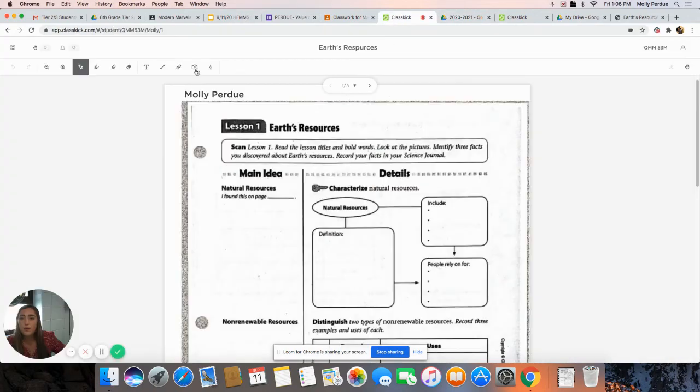What I would do is I would take my text box and go ahead and put a text box here. And I'm probably going to make my text smaller, not that small.